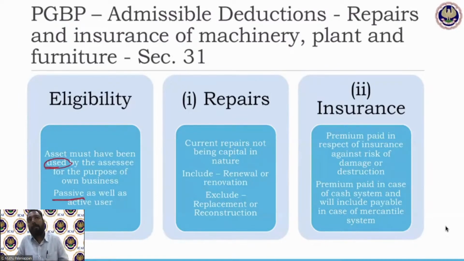So what do you mean by passive use? Let's say I am in the business of renting out cars. The car is owned by me, but I am not using it. I am letting others use.